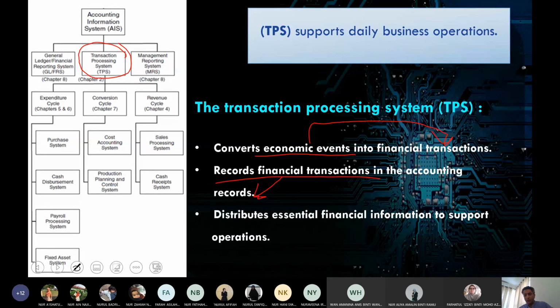And then after we record and classify, we need to distribute this initial financial information to support the operations.